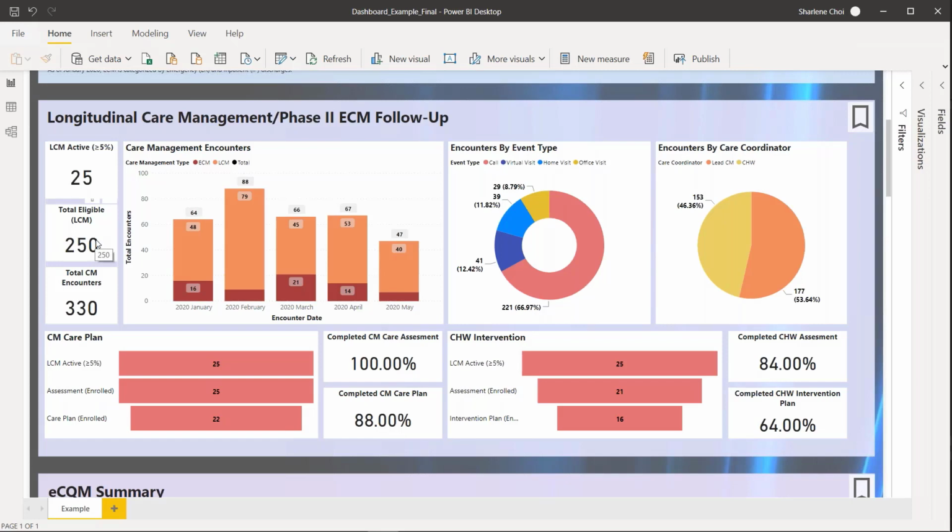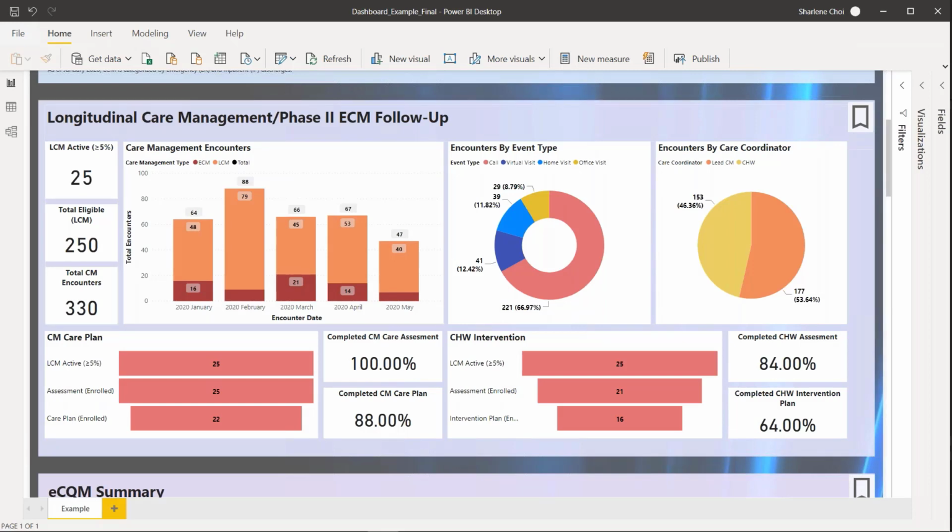Of those, we have identified, which would be greater than or equal to 5%, 25 patients, which is 10% of the active list. Below this are the total care management encounters, which includes encounters the care team does for follow-up beyond the initial phone call, beyond the initial follow-up.